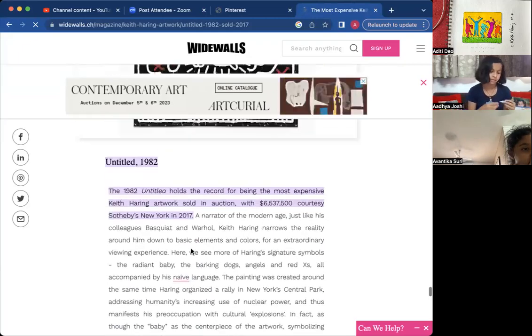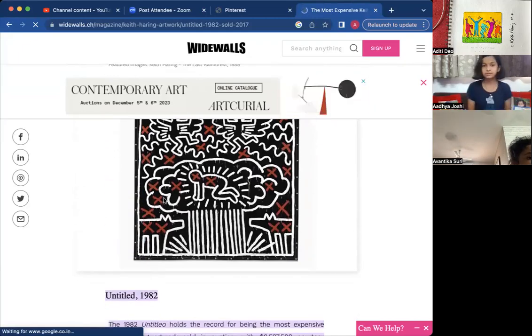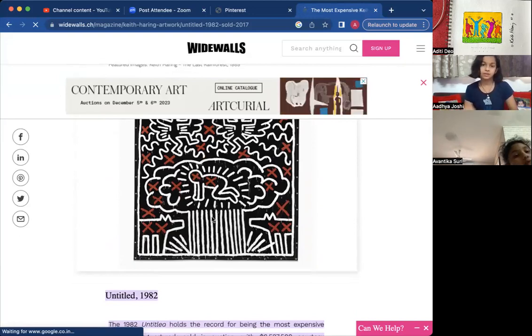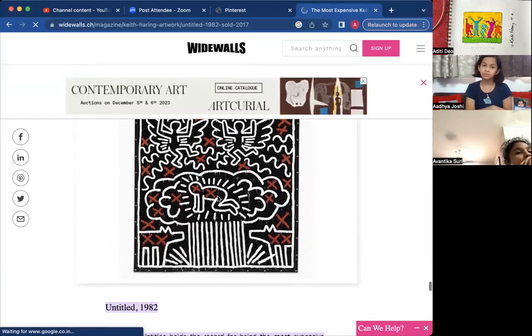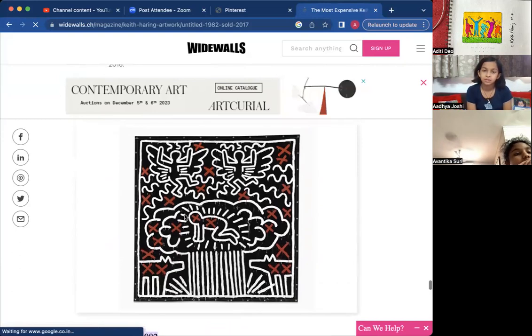So it says that, at least the way I see it, what you look at as a tree, I can see as a bomb exploding. And all the red crosses are like lots of disturbances everywhere.